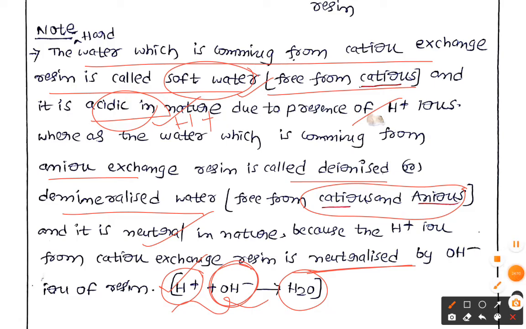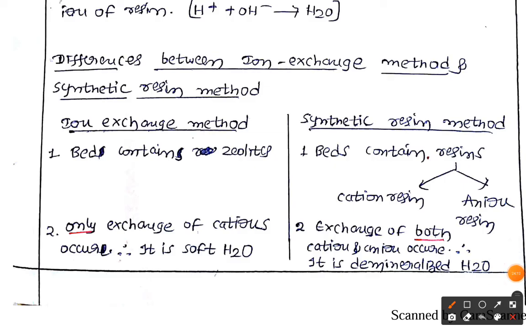Now let us see the differences between the ion exchange method and the synthetic resin method, just to get clarity about the methods. In the ion exchange method, we have beds, which are tanks containing zeolites. In the synthetic resin method, we again have beds, but they contain resins of two types, cation resin and anion resin.